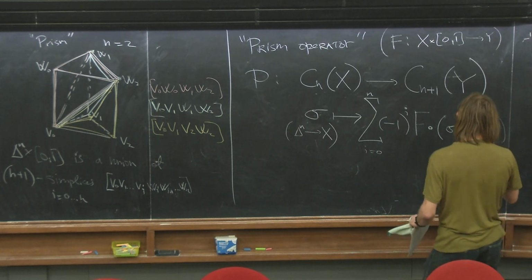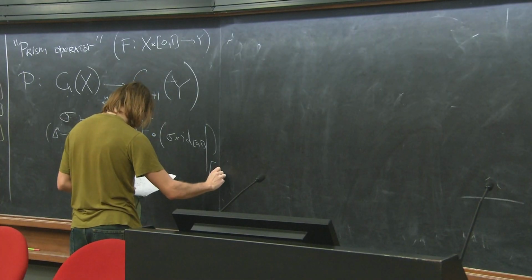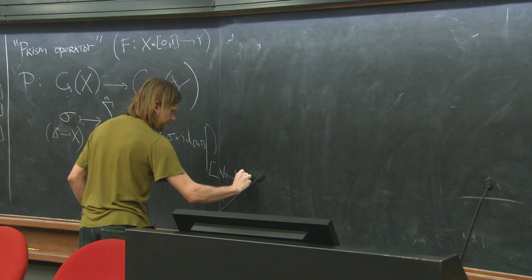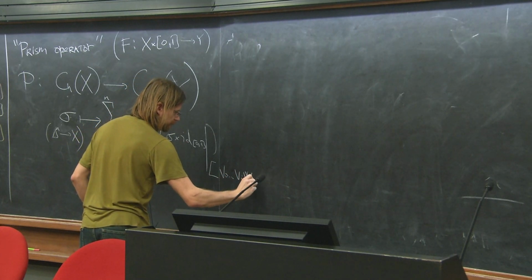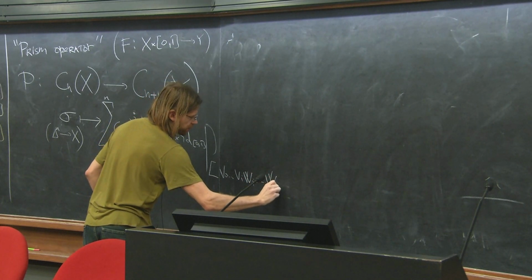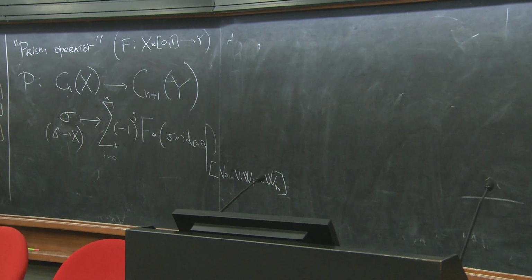Here I consider this restricted to one of the n plus 1 simplices in my subdivision of the prism. Okay, this is a bit heavy, but let's see why this makes sense. What is written?